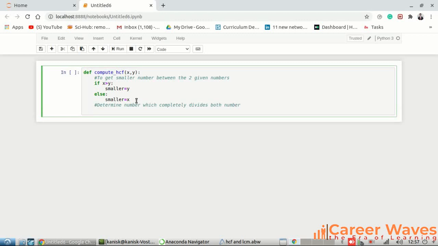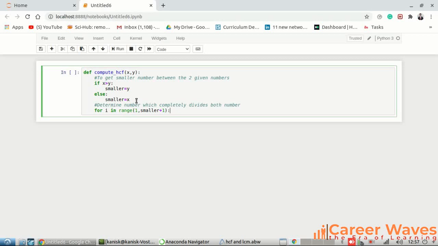So what we will do, we will take a for loop for this. For i in range 1 to smaller number plus 1, due to its specification as range lies from 0 to n minus 1.